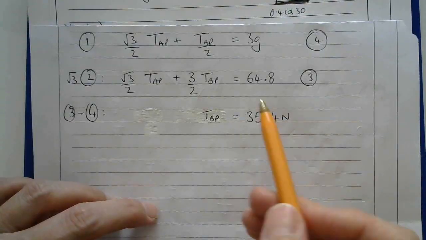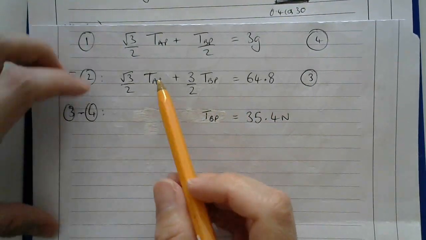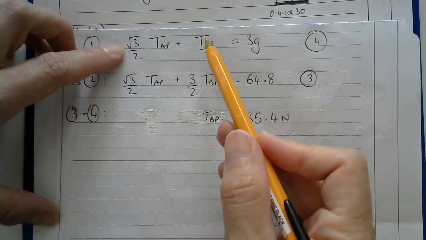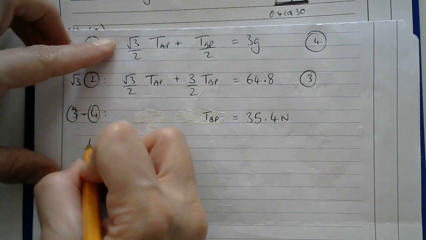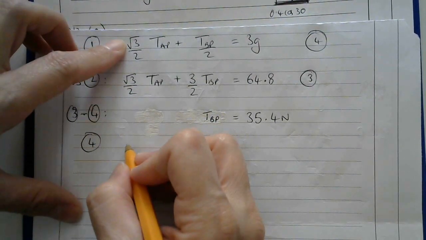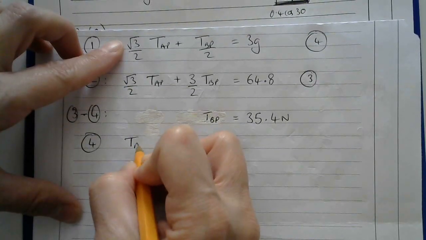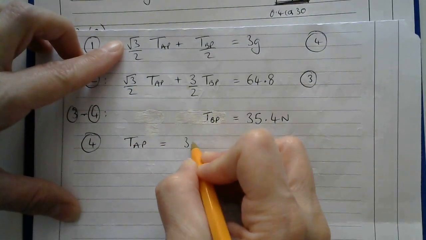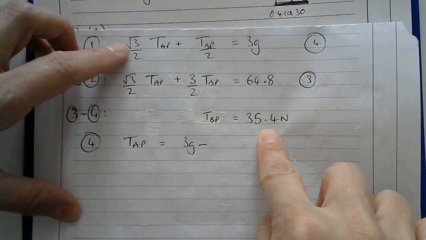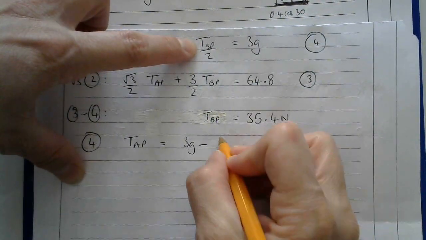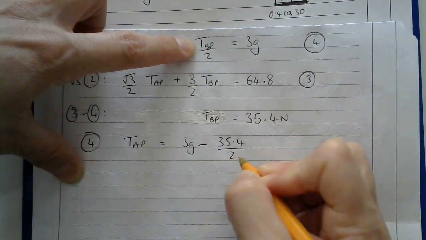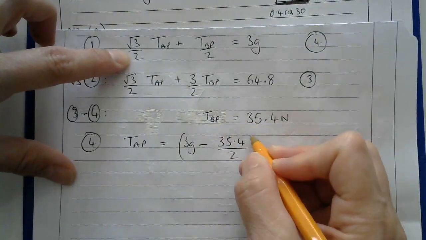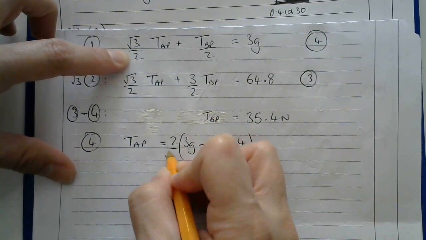Then I need to work out the tension in the upper string, so I can just pop this back into here. So using equation 4, then I get that TAP is going to be 3g minus half of this, taking this away, multiplied by 2, and divided by root 3.